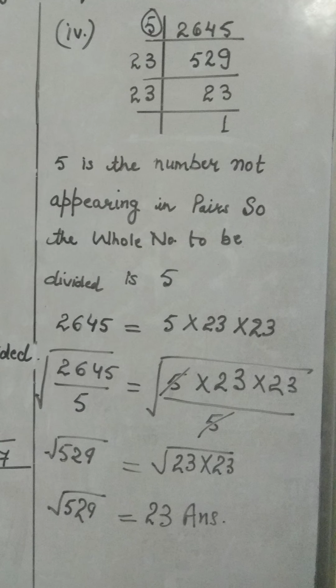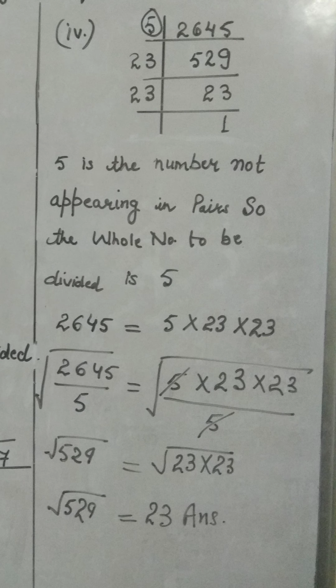Now 2645, when you write it in the form of prime factors, is 5 into 23 into 23. When you divide it with 5, it is 5 into 23 into 23 divided by 5. On both sides I have divided by 5, and I have taken the square root.